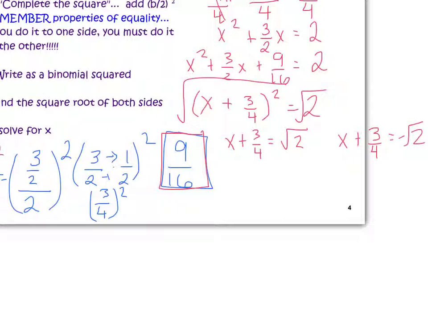From here we do exactly the same thing and just get x by itself. So subtracting 3/4, I'm going to get the square root of 2 minus 3/4. Here, same idea, subtracting 3/4, I get negative square root of 2 minus 3/4.